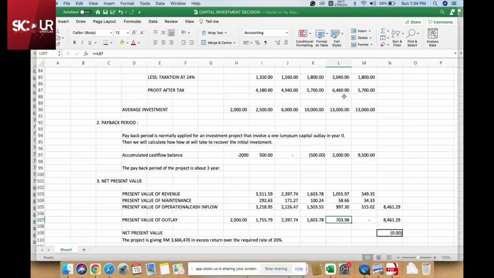But the average investment that you calculated just now, we take from the capital outlay instead of our net total cash outflow? Which one? The average investment that Simon asked just now. That average investment is only for purposes of calculating accounting rate of return.